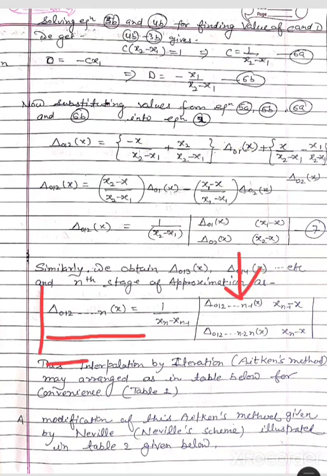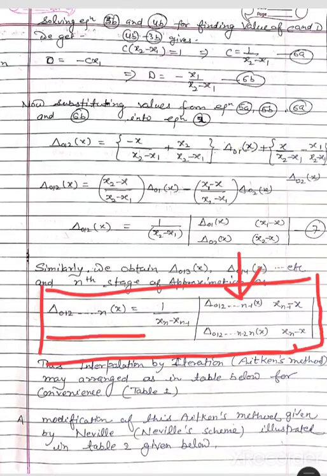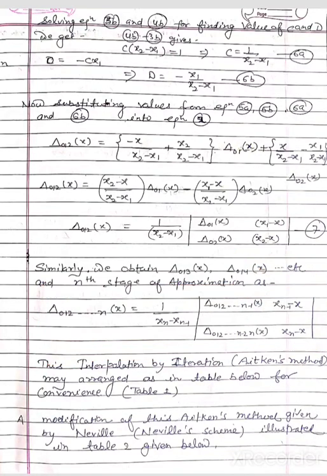So this is the nth approximation, which includes all the n plus 1 points. This gives the interpolation by iteration or Aitken's method.